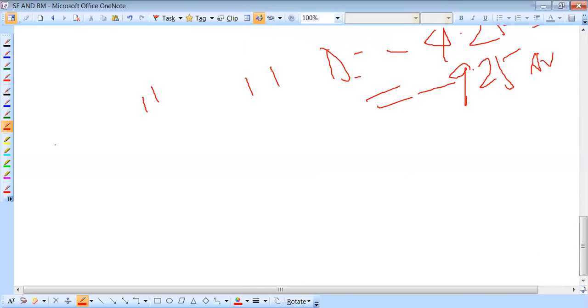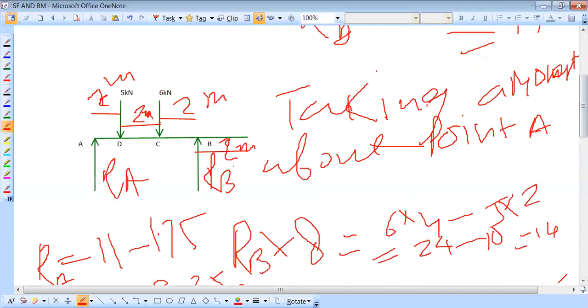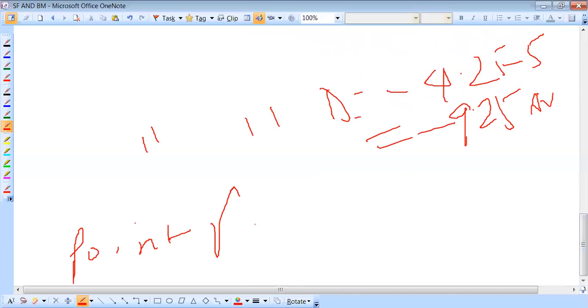Then at point A, it is equal to 0 because it is a fixed point. About any fixed point, the moment is equal to 0.